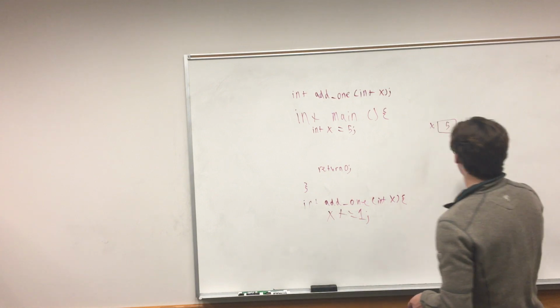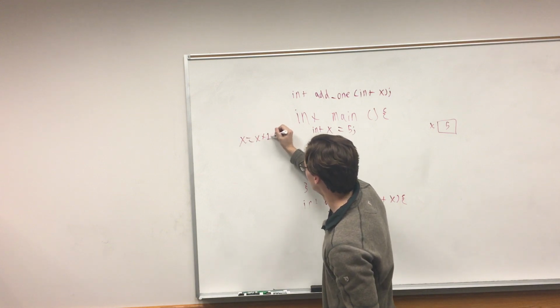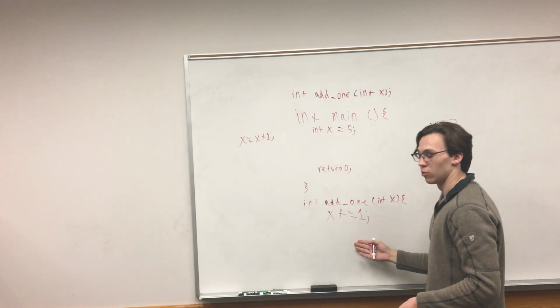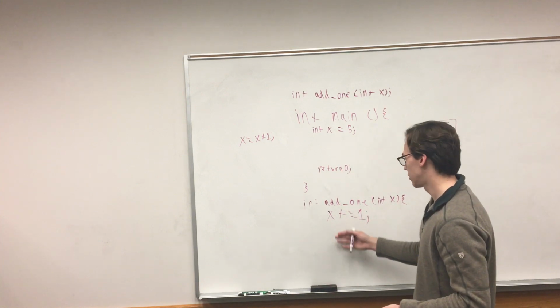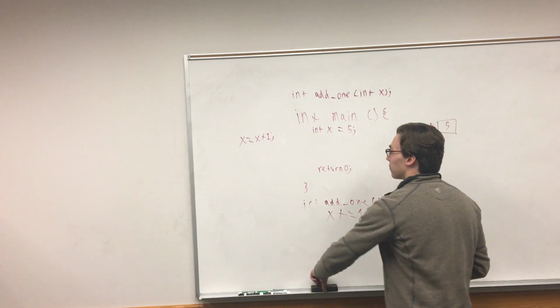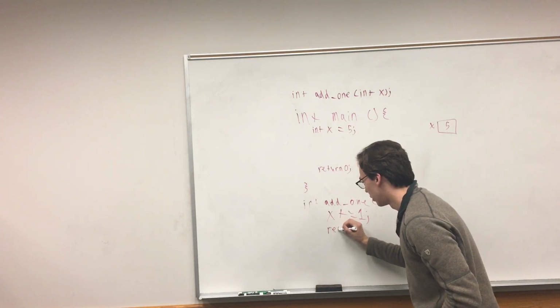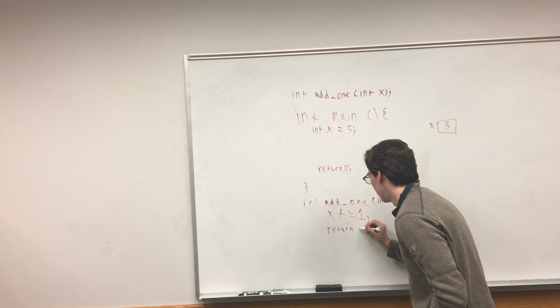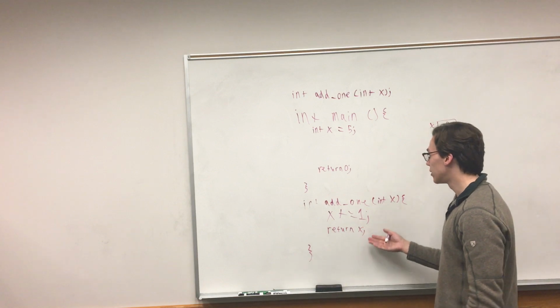You could also do, for instance, x equals x plus 1. However, x plus equals 1 looks much better in terms of syntax. And then after, we need to make sure that we are returning the variable x. All right, and then we have just a very basic function.